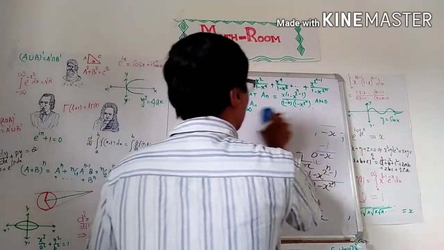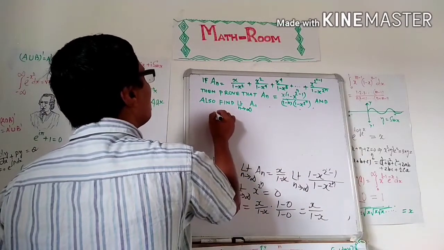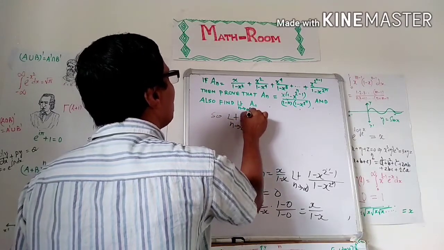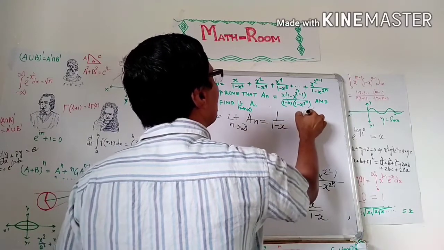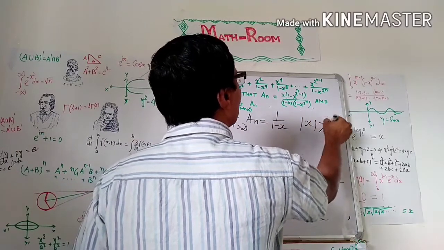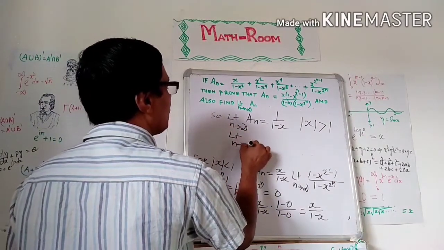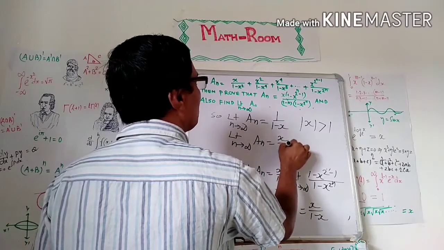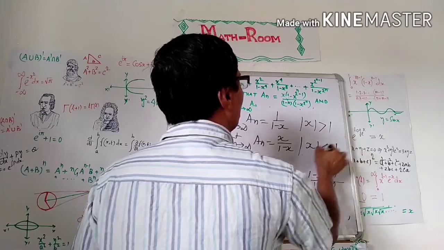The limit equals 1 over 1 minus x whenever mod x is greater than 1, and x over 1 minus x whenever mod x is less than 1.